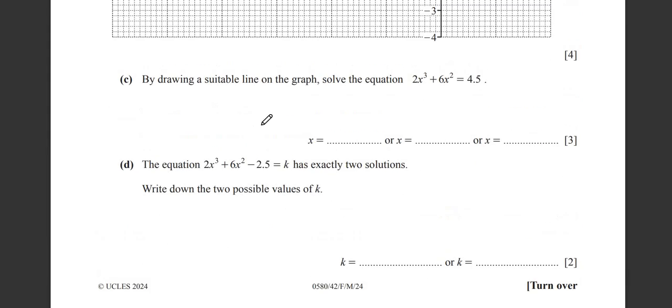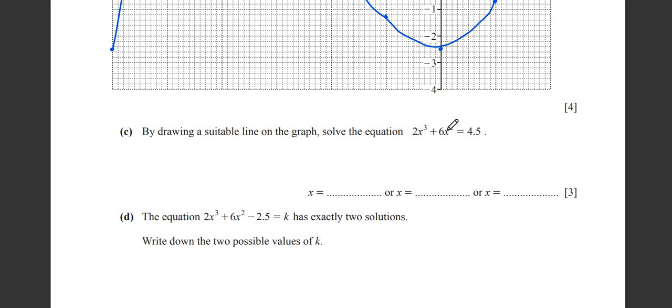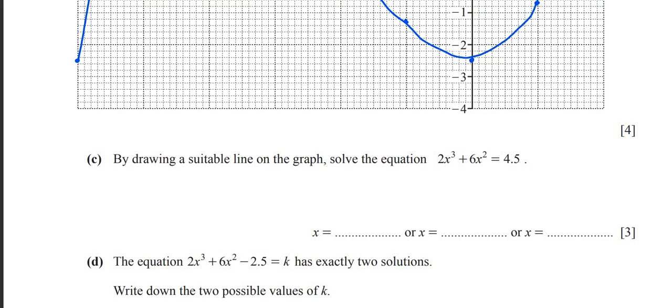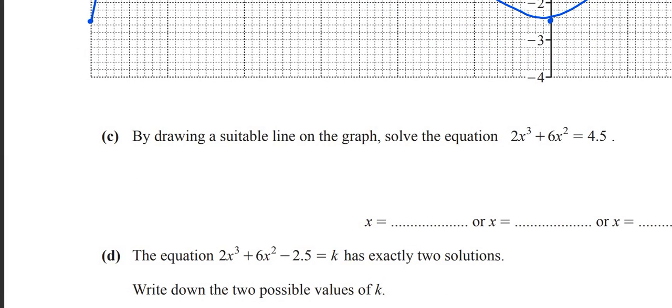All right. Now it says by drawing a suitable line on the graph, solve the equation 2x cubed plus 6x squared is equals to 4.5. So first of all, how do we need to solve this? The original equation was y is equals to 2x cubed plus 6x squared minus 2.5.